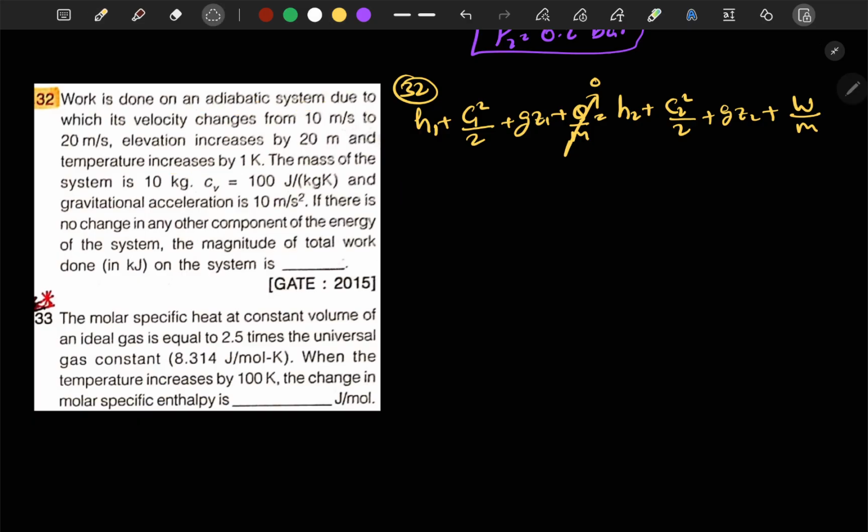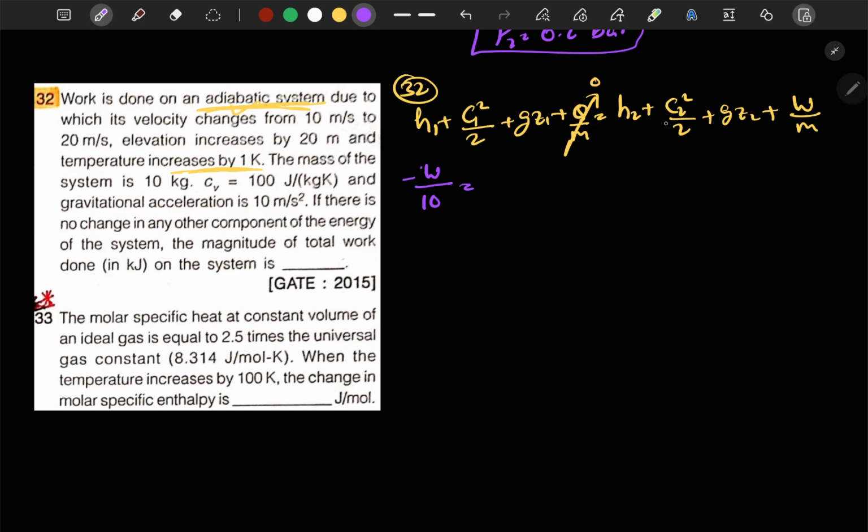So in here, what else we can do is move work done from that side to this side. Move work done to the left side, so we will get minus W by m. Value of m is 10, is equal to H2 minus H1.